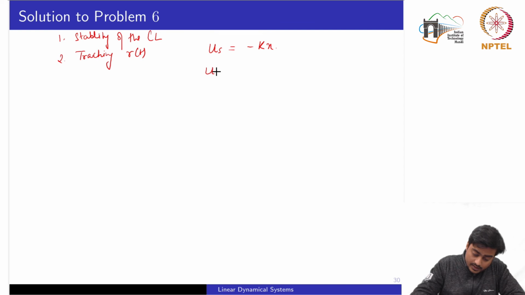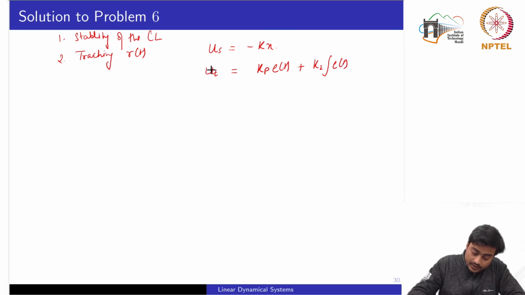So let's say we say ut is a multivariable PI controller in terms of kp times error plus ki times integral of e(t).